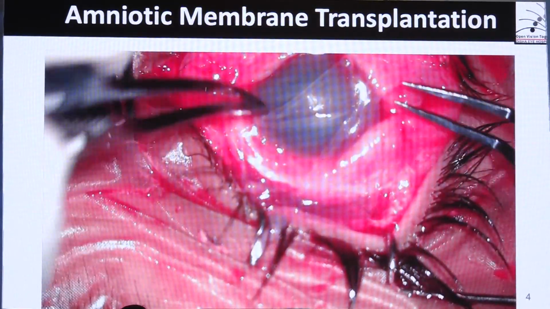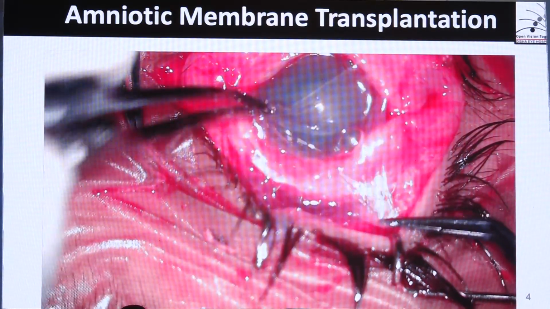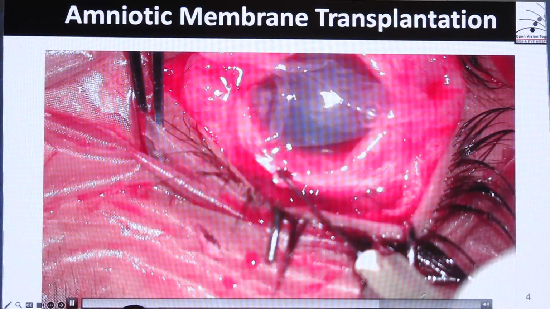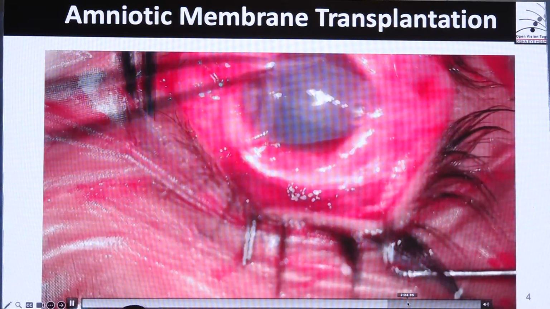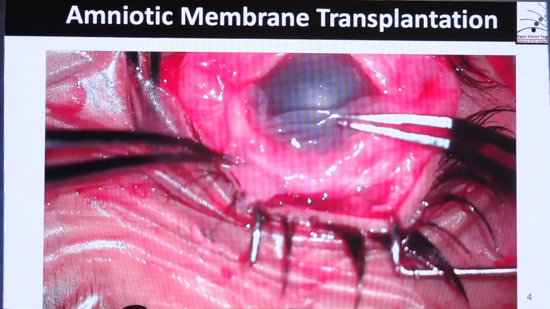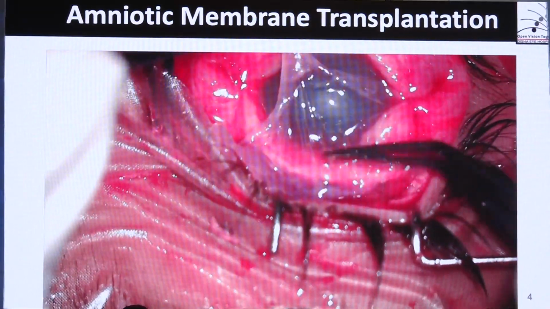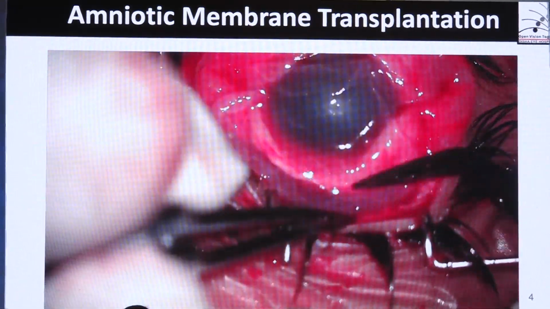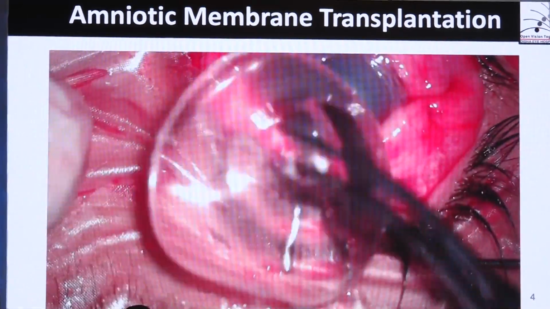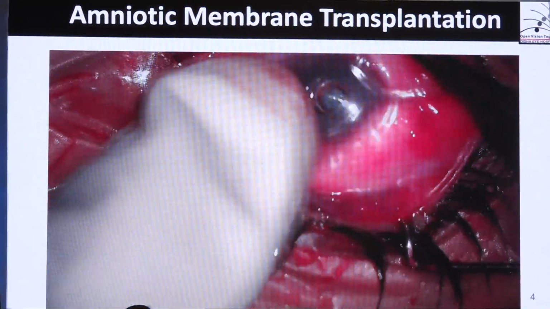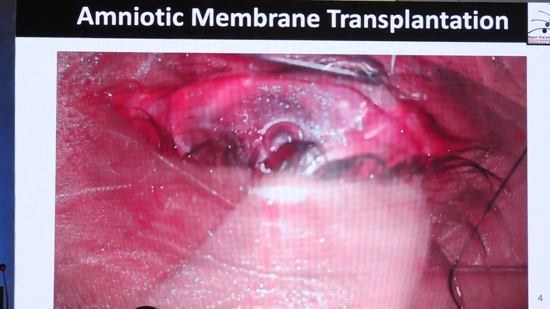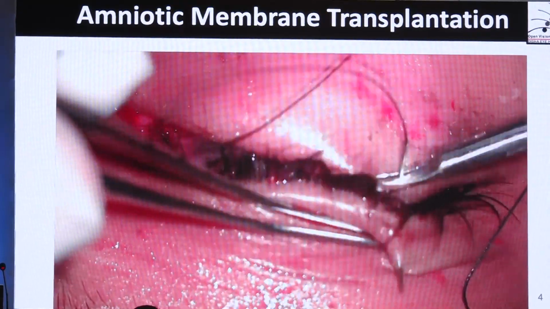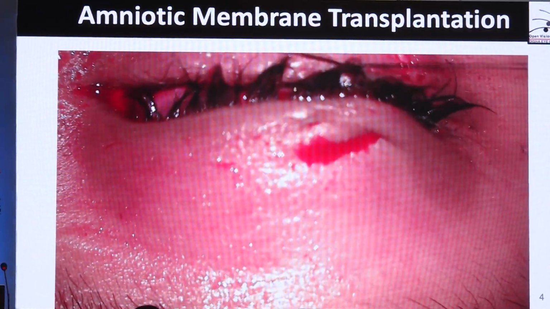So here for the superior layer, I am just putting fibrin glue, and then this conformer, so that it allows adherence of the amniotic membrane over the fornix. And in children, all the time you should put a suture tarsorrhaphy, and that should be removed after 2 to 3 weeks time.